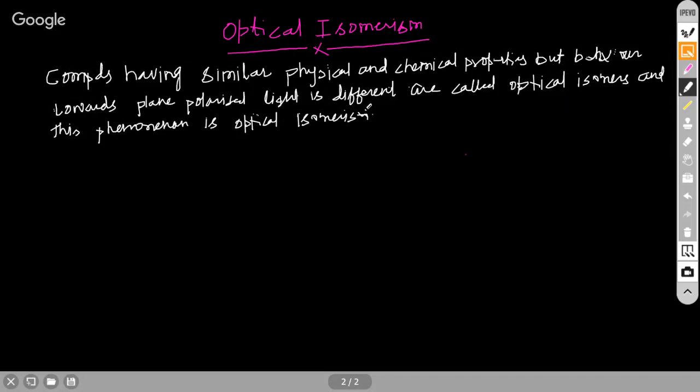So the definition of optical isomerism is: compounds having same physical and chemical properties, but behavior towards plane polarized light is different, are called optical isomers, and this phenomenon is optical isomerism. Now, what is plane polarized light?